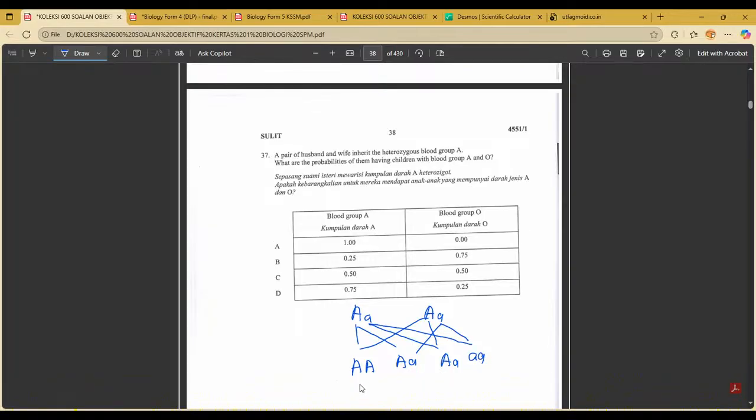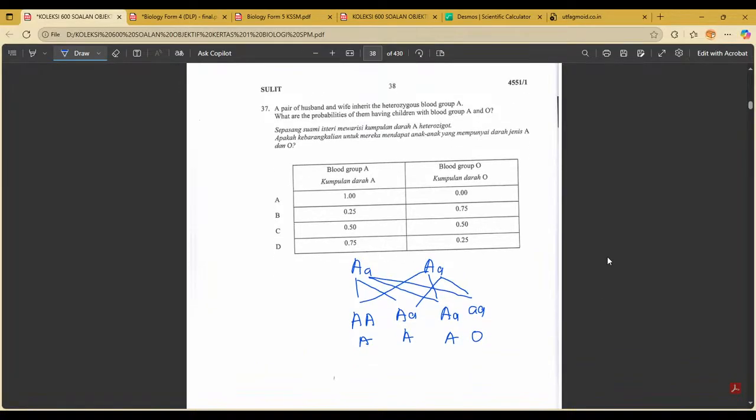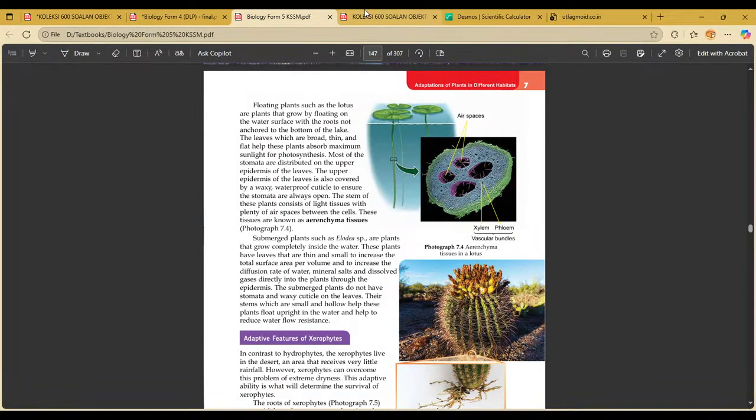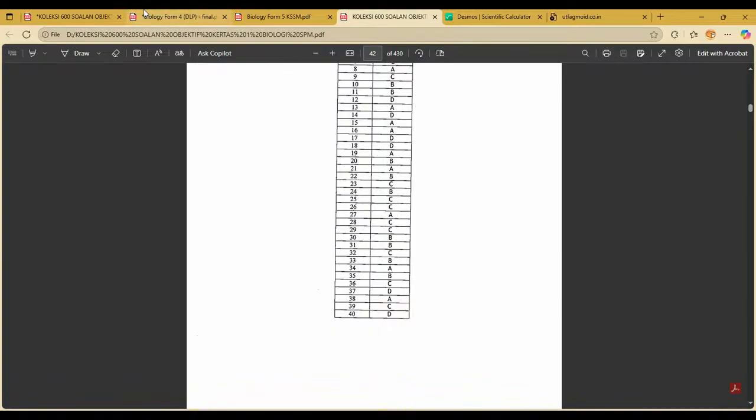So this would be blood type A, and O. So 3 over 4 equals 75% for A. This is 25% for O. So it's D. Yep.